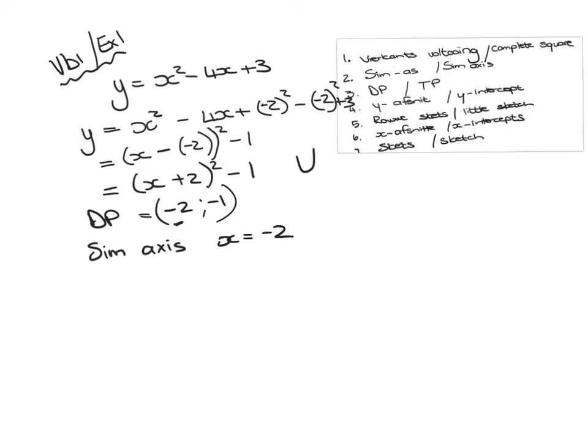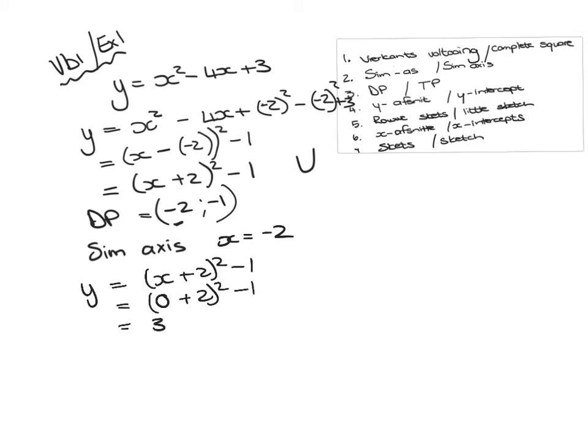Your y-intercept, you're going to say y is equal to x plus 2 squared minus 1. Now you change your x to a 0, jy maak jou x 'n 0. So dit is 4 minus 1, so jou y-afsnit is 3.